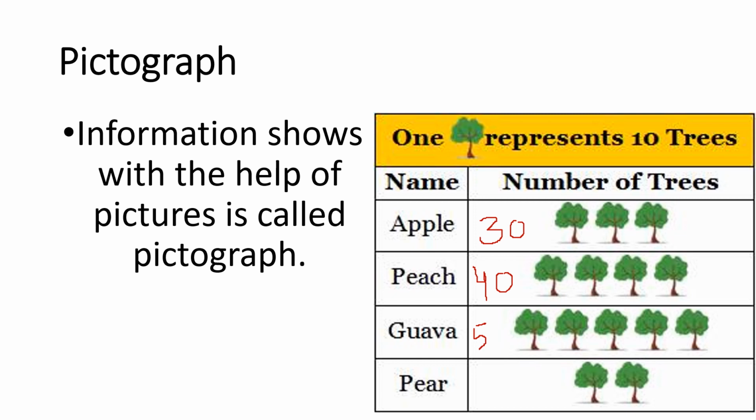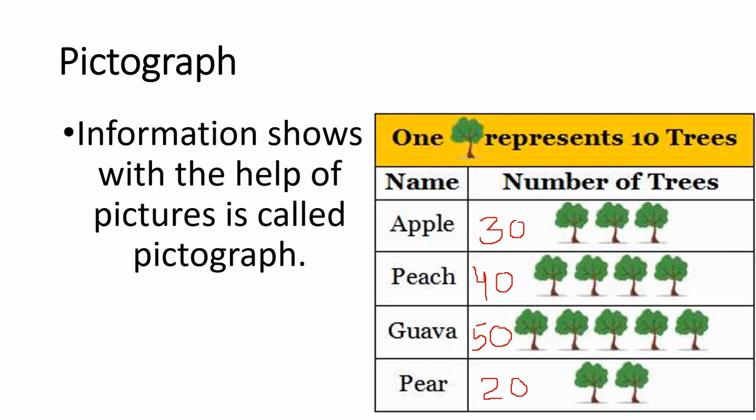It means there are 50 trees. Then this symbol represents 20. One tree represents 10. There are 2 symbols of trees. It means it represents 20. So it is very easy to read pictograph also.